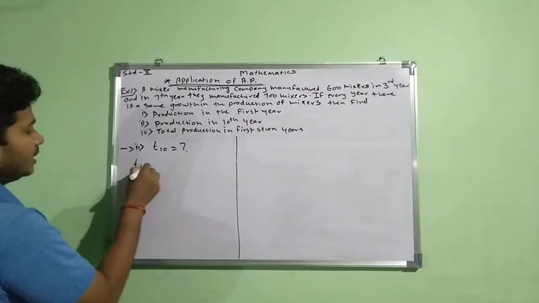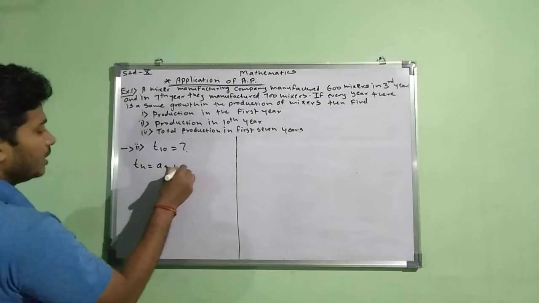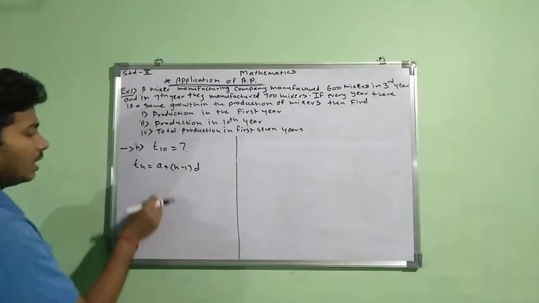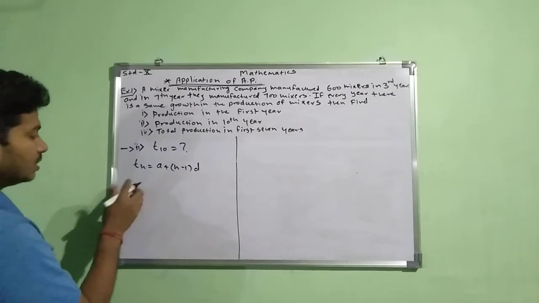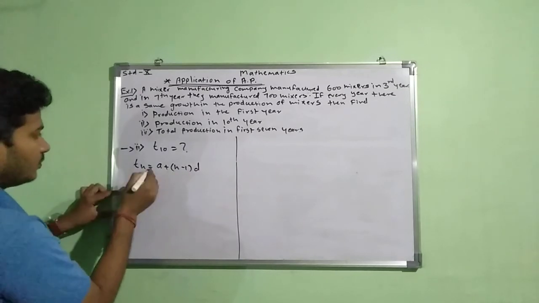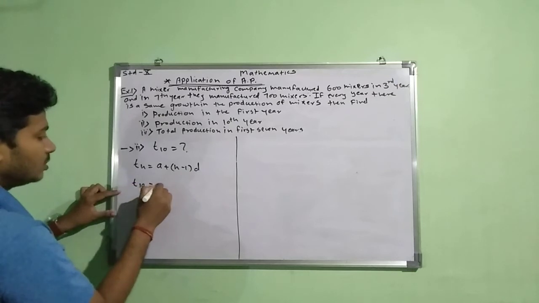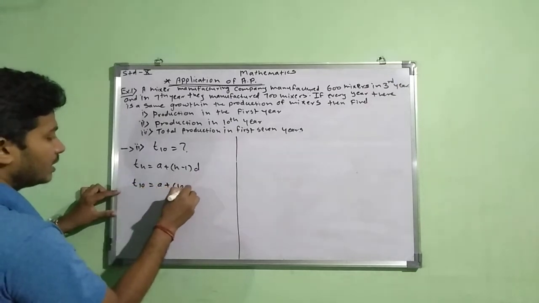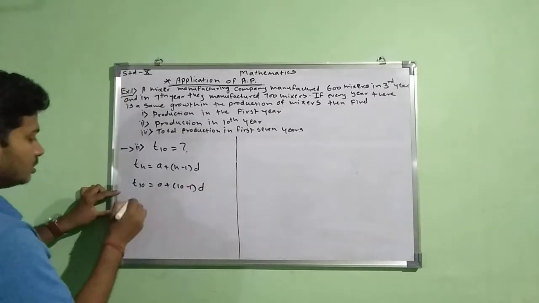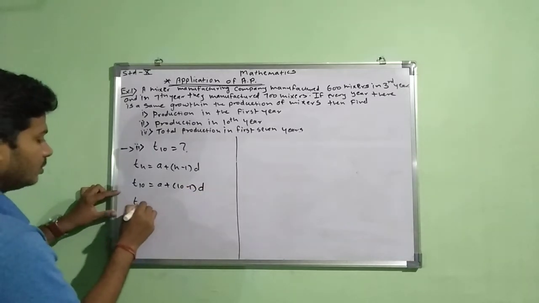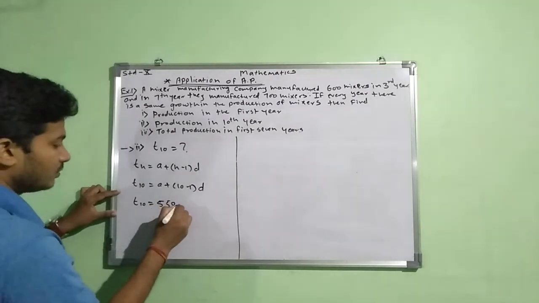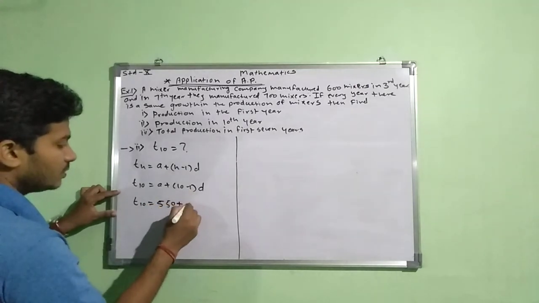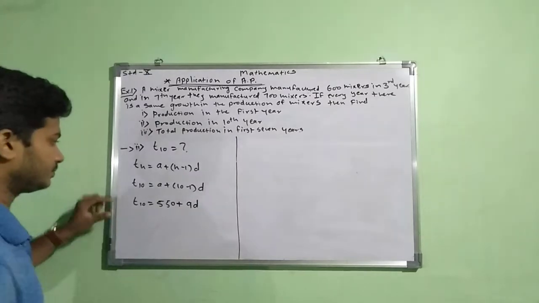So we know the formula Tn is equal to a plus n minus 1 into d, and that value of a we just now got, which is 550 mixtures. So we will use that same value for T10. T10 is equal to a plus 10 minus 1 into d. So T10 will be equal to 550 plus 10 minus 1 will be 9 into d.